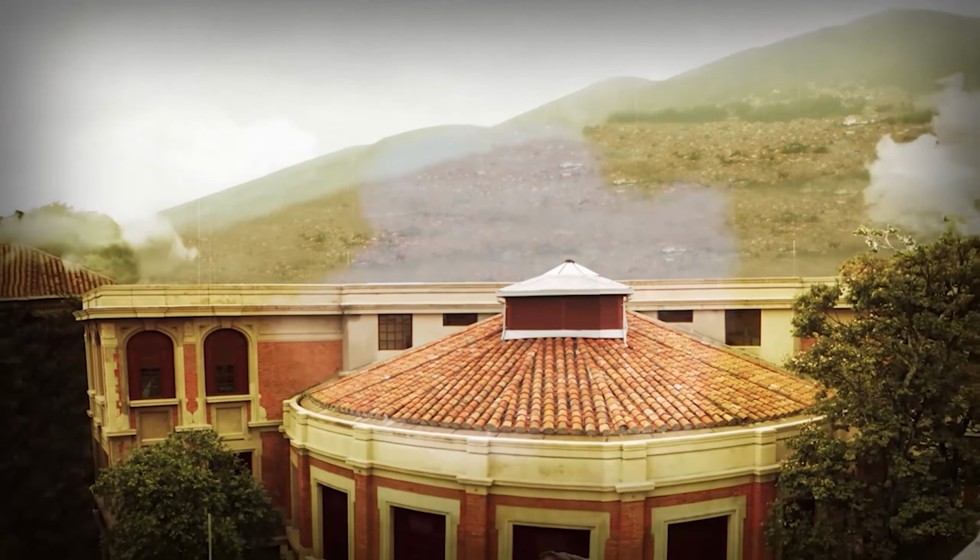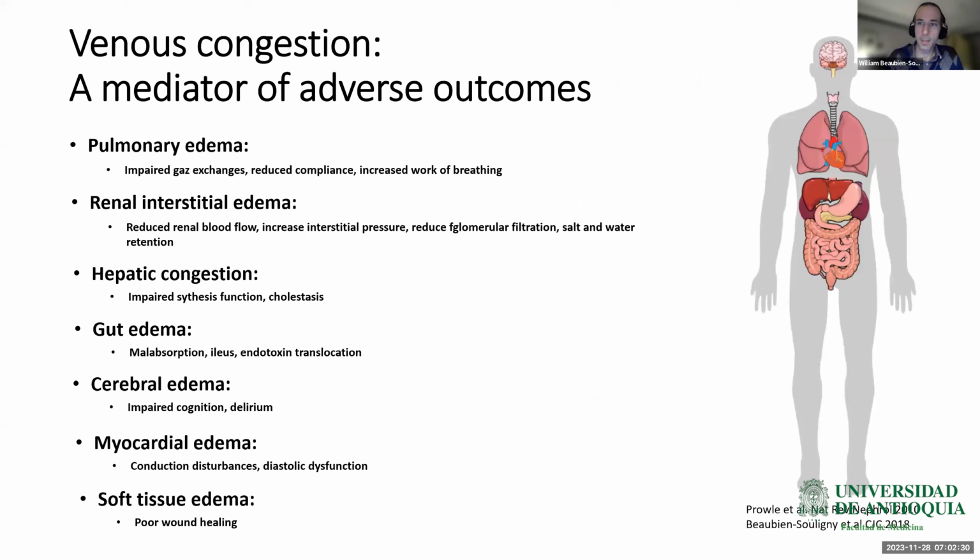But really, venous congestion is a mechanism that can impact all organs of the body. We of course commonly see pulmonary congestion that frequently leads to hospitalization in patients with congestive heart failure. But venous congestion can affect the kidney, the liver, the gut, even the brain, the heart, and also soft tissue.